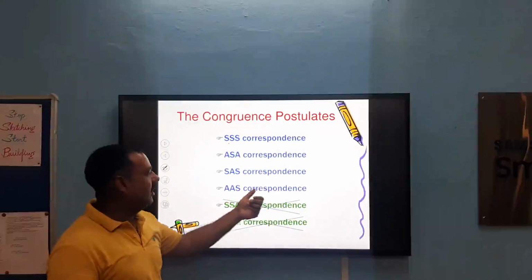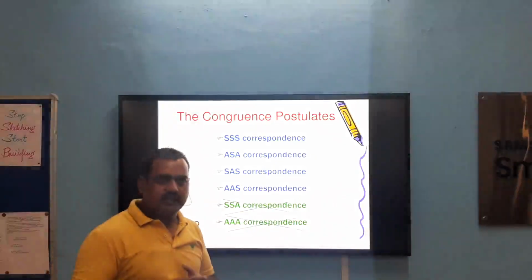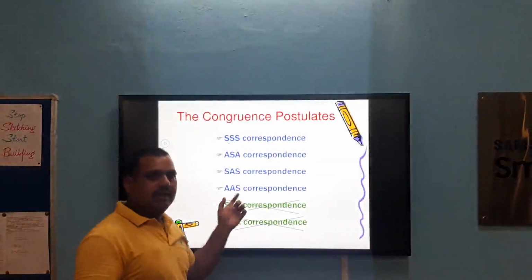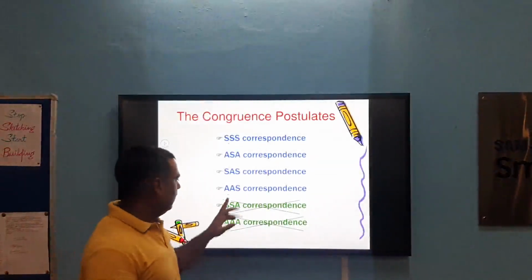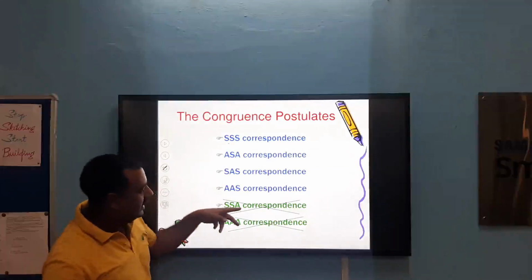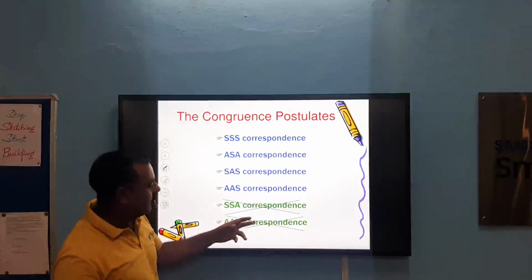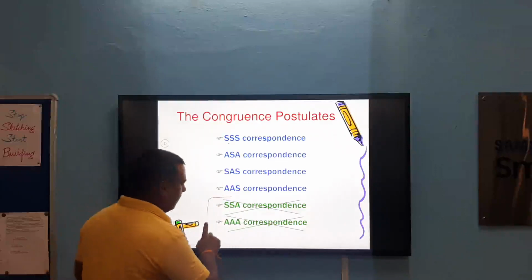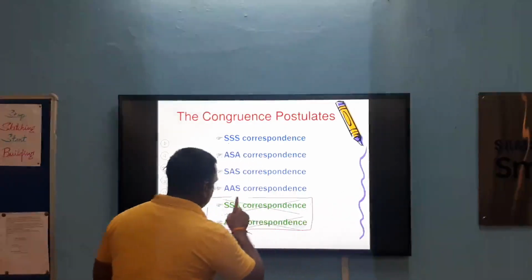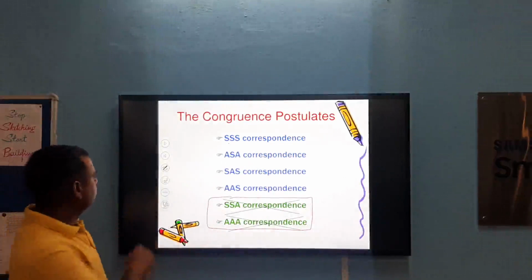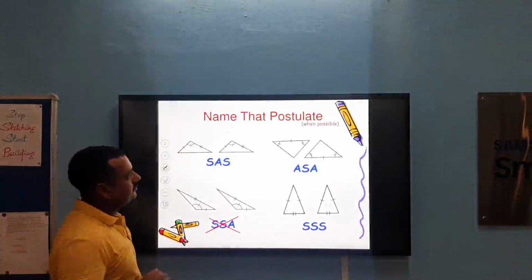The angle, angle, side correspondence, in which any two angles are equal and one side is equal. But we also learned that SSA correspondence and AAA correspondence do not exist. We must remember these things. Many times we make mistakes in these also. So be careful about these.